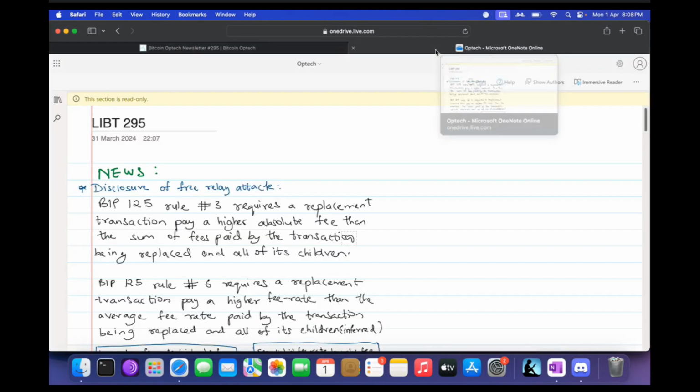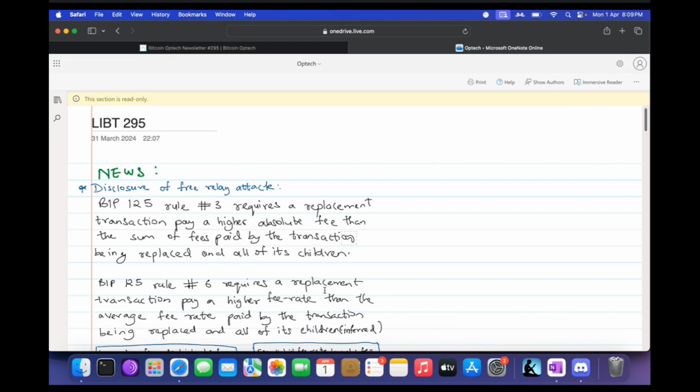Rule number 3 of BIP 125 says that it requires a replacement transaction pay a higher absolute fee than the sum of the fees paid by the transaction being replaced and all of its children. And rule number 6 says that it requires a replacement transaction pay a higher fee rate than the average fee rate paid by the transaction being replaced and all of its children. So basically there are 5 rules.